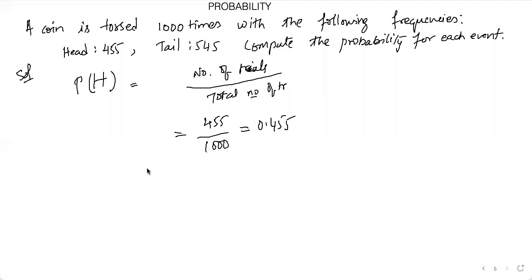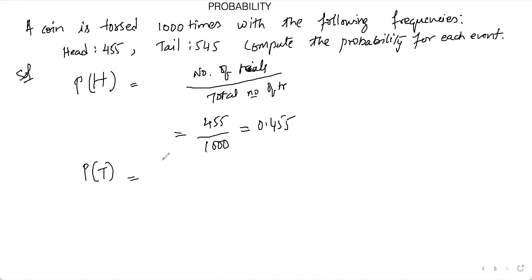Now let us find the probability of getting tails. So let us assume the event of getting tails is T. The empirical probability P of T is given by the number of trials in which the tail happened divided by the total number of trials. So tell me the frequency of tails and the total number of trials.